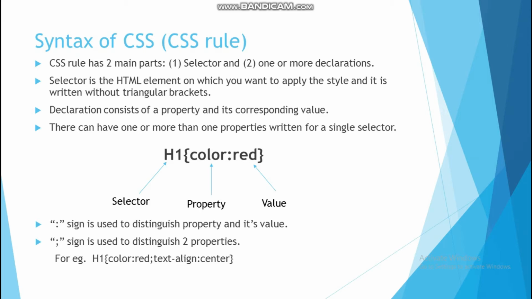So here text-align is the name of property and center is its value. So if you want to separate two properties, then you have to give semicolon sign, and if you want to separate property and its value, colon sign.